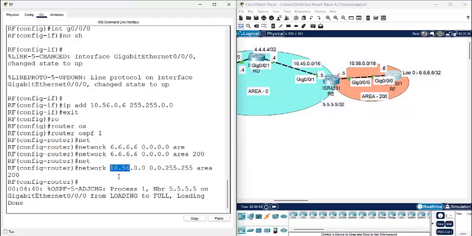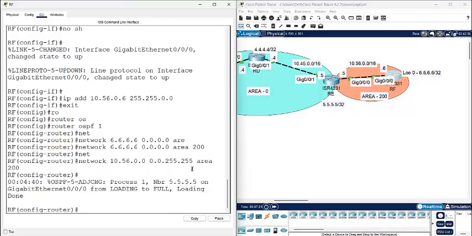Pay attention only to that. If that is there on any of the interfaces, then you run. This is also the same thing. The network portion is 10.56. So it is just the opposite of the subnet mask. Here you say 255.255.0.0. Opposite of that, here you say 0.0.255.255.